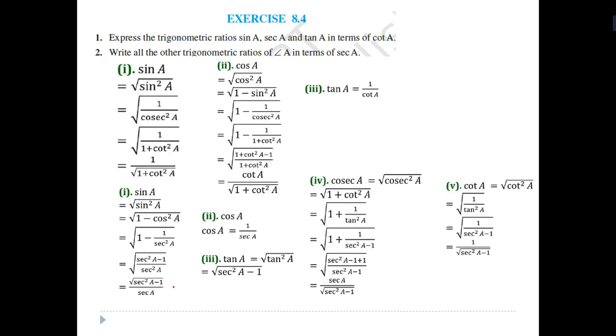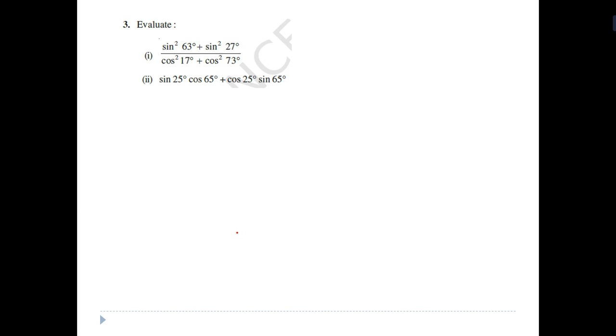You have to write everything in your copy book, that is exercise 8.1 question 1 and 2. Now we go for proof. This question is also in the exam. Already yesterday we discussed in the last lecture that numerator denominator cancellation always gives answer 1. Always remember.